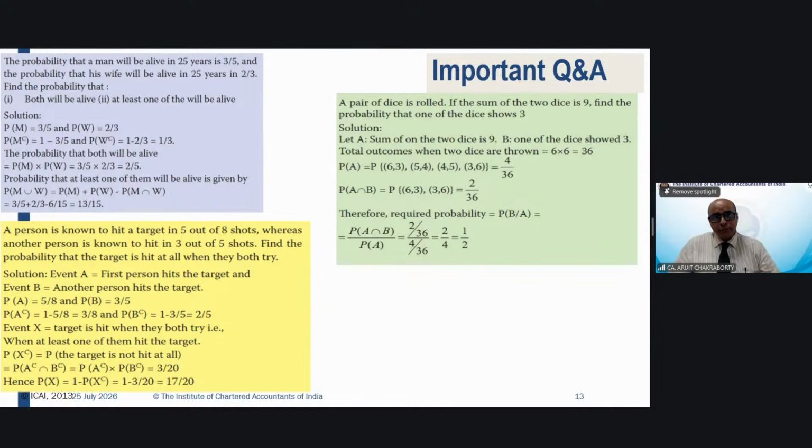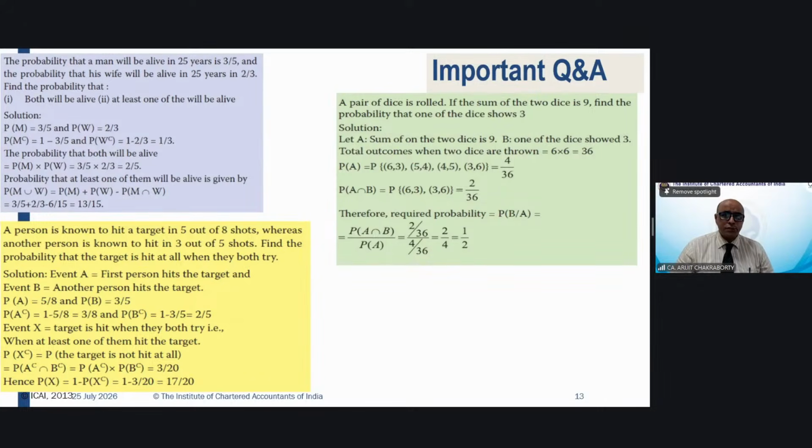So this is where we are using the conditional probability. Now, when the 2 dice are thrown, how many events can there be? For the first dice, any number out of the 6 can come. Similarly, for the second dice, any number out of the 6 can come. So total possibility is 6 into 6, 36 total possible outcomes.